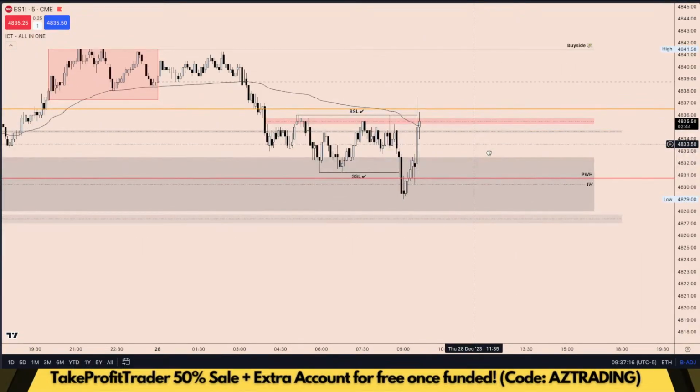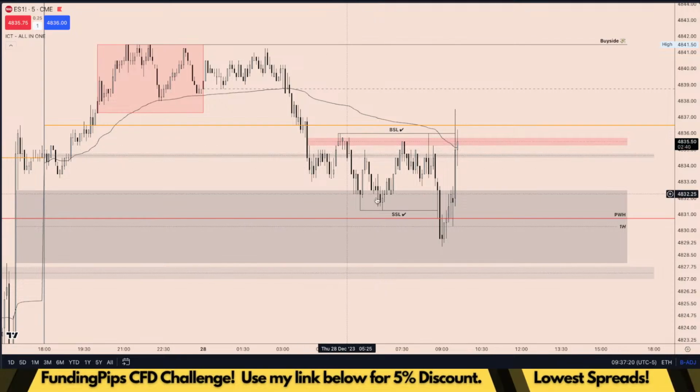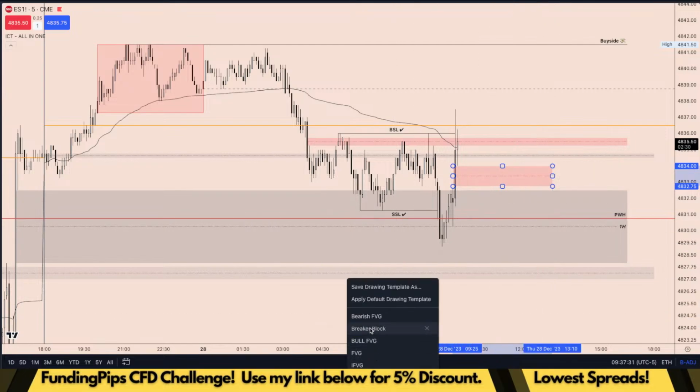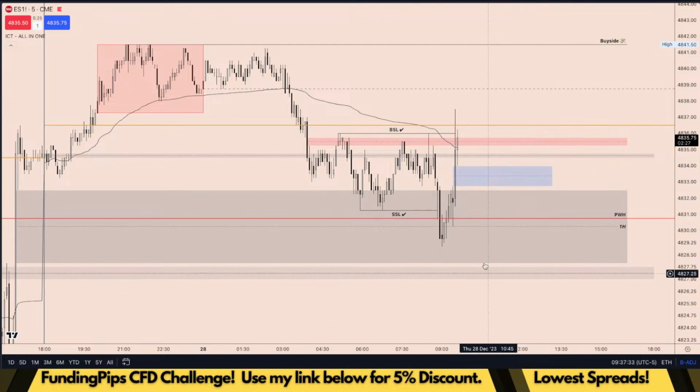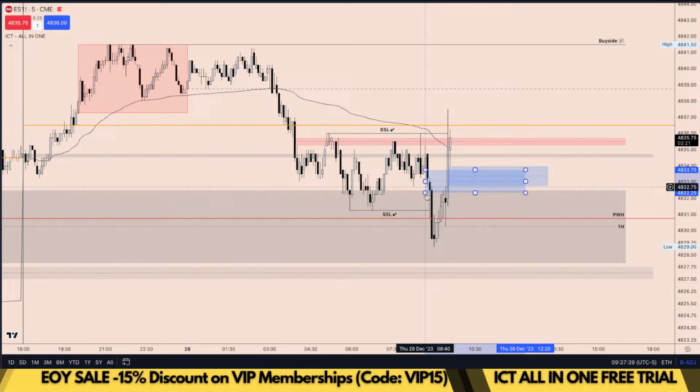So let's see what we can get out of the market today. Accumulation, we took sell side and we move away from that aggressively, potentially leaving behind a new bullish fair value gap that's overlapping with a 5-minute inversion fair value gap.